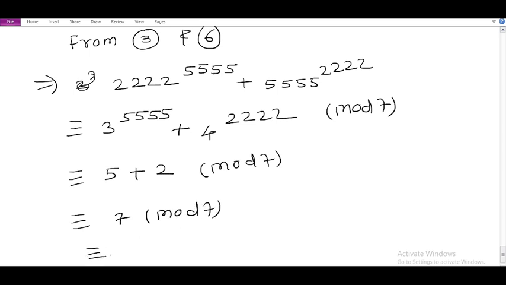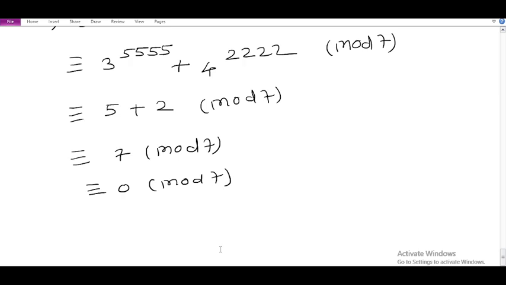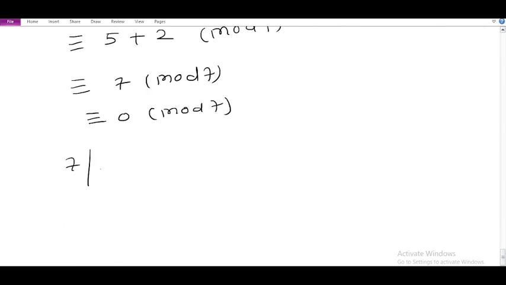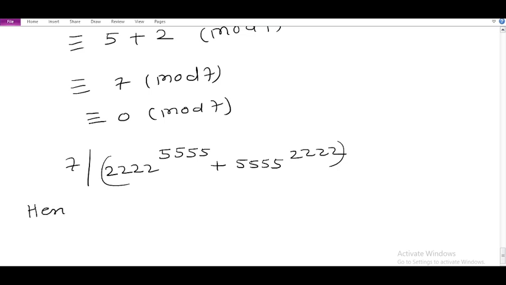But 7 modulo 7 means 0 modulo 7, and this implies 7 divides 2222 raised to 5555 plus 5555 raised to 2222. Hence the theorem. Hence the proof.